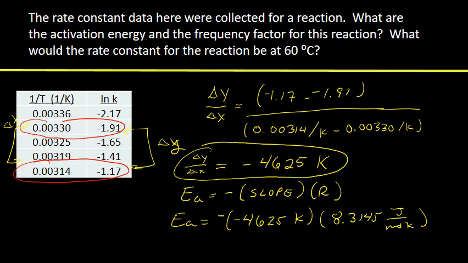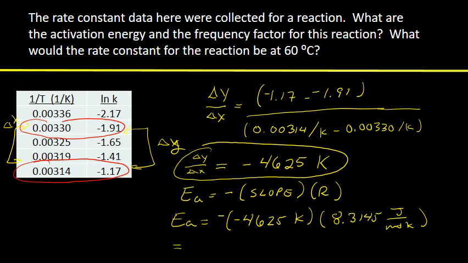And then remember that that's the slope of the line, that's not the activation energy. Activation energy is negative slope times R, so that's negative 4,625 Kelvin times the ideal gas constant.